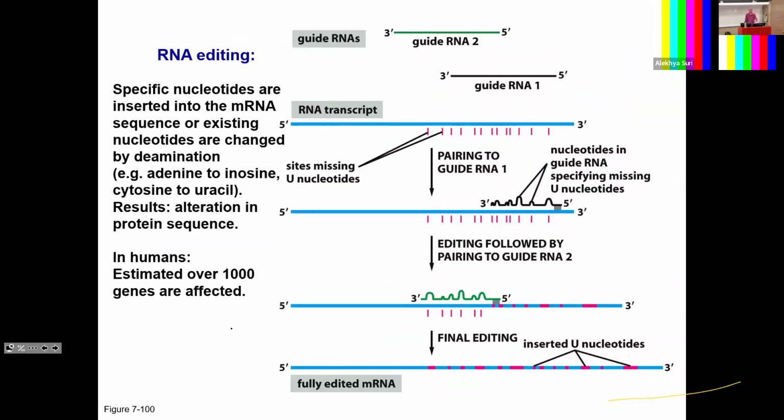Specific RNAs will interact with the messenger RNA to remove or add certain nucleotides in the sequence. This happens, for example, in plants or also in humans. So even on the RNA level, the sequence can be changed.